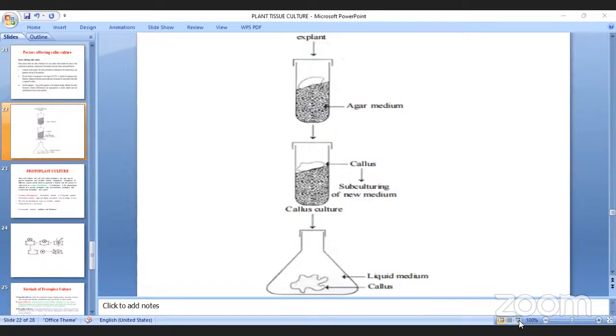So what is a protoplast first? As already told, plant cells without the cell wall. Without the cell wall, the rest of the portion is called protoplast, right? Cells without the cell wall are called protoplast.